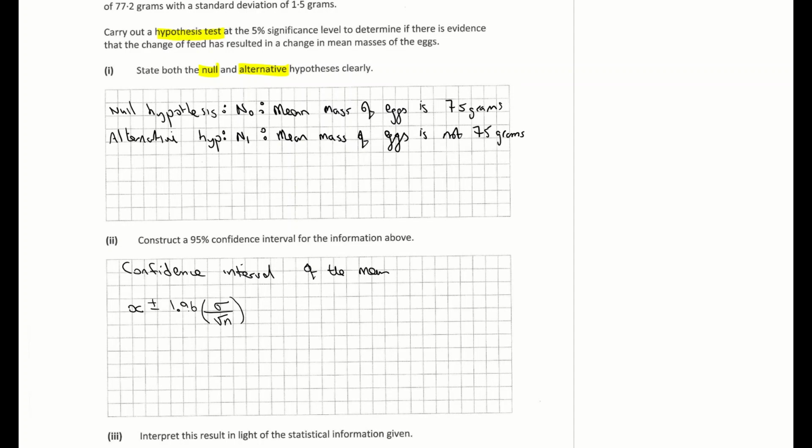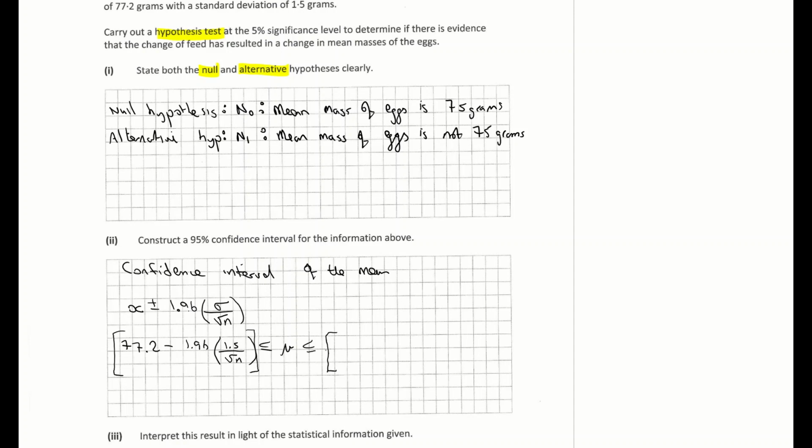So let's fill in our formula now for the data. My x-bar, as we said, stands for our sample mean, which is 77.2, and I'm going to subtract 1.96 times my standard deviation, which is 1.5, over the square root of n. So that's the subtraction part. And what I'm basically trying to find here now is my mean, or my mu, that symbol stands for the mean, is going to be between the minus and the plus.